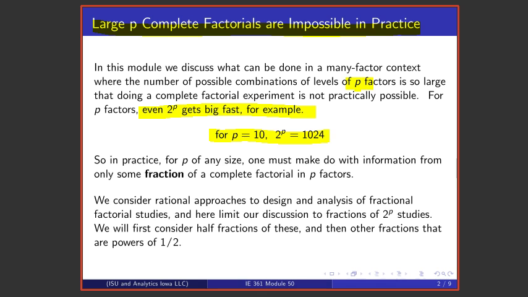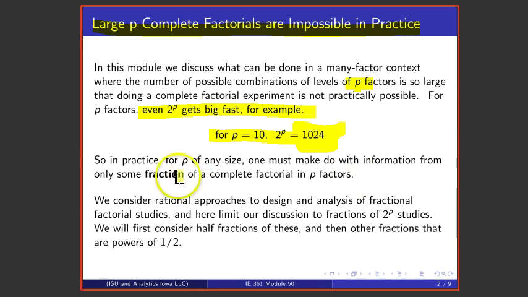For example, if one has 10 factors, a 2 to the p factorial already includes 1024 different combinations of levels of those 10 factors, and it's very rare in practice that one could afford to collect data on 1024 different combinations, different setups, so to speak, of a control panel that has 10 knobs on it, each of which has 2 different settings.